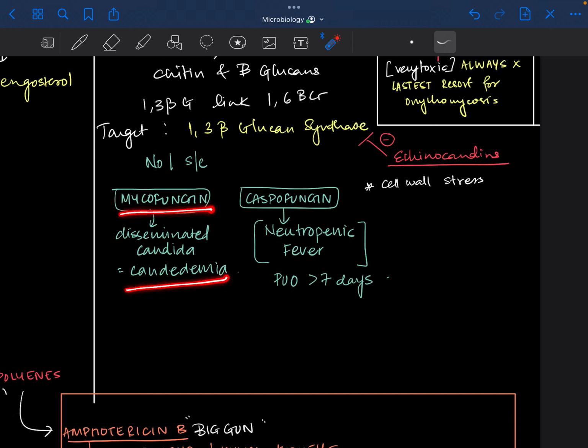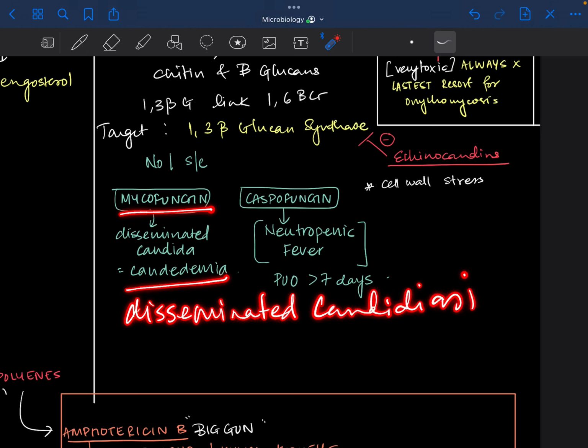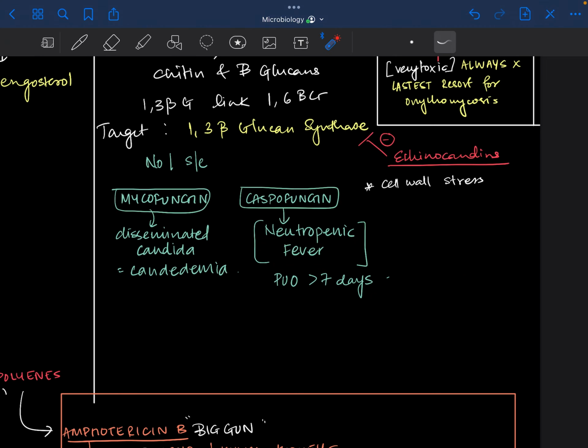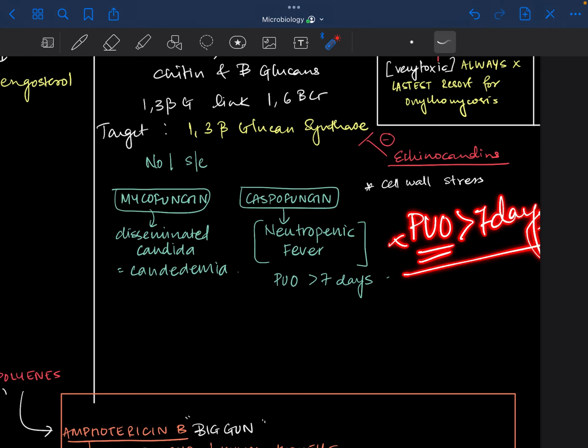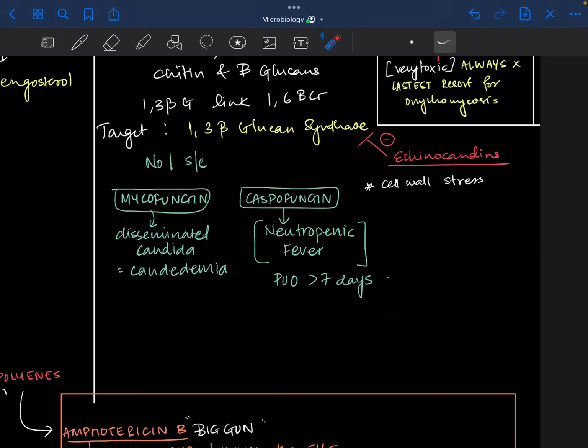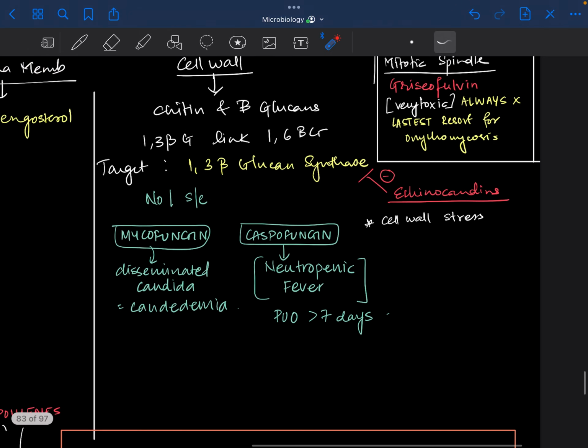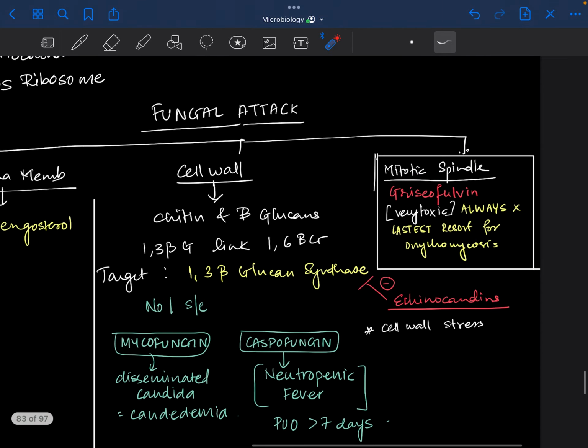Micafungin for candidemia, that is disseminated candidiasis, and caspofungin is for neutropenic fever, which is usually pyrexia of unknown origin, that you have more than 7 days, you don't know what the source of the fever is, there's neutropenia, and you'll give caspofungin. Okay, these will lead to cell wall stress, and we talked about this.